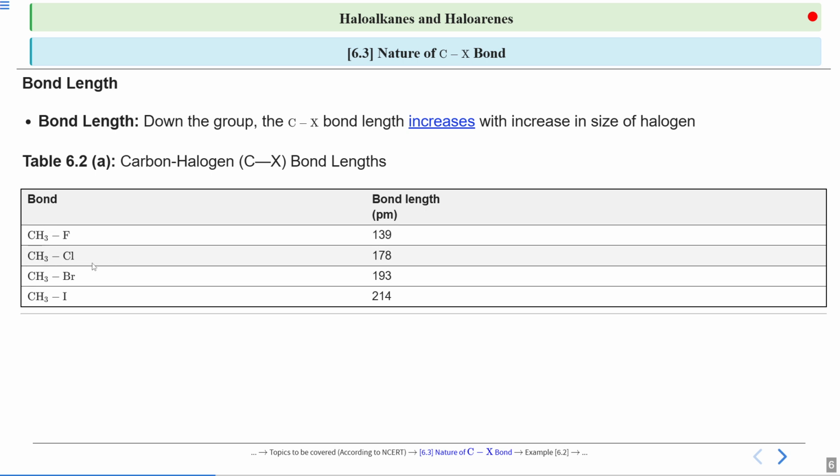Moving further down the group, in bromomethane, CH3Br, the bond length between the carbon and bromine is 193 picometers. Similarly, in CH3I, the iodine and carbon bond length is 214 picometers. Iodine is present at the very bottom of the halogen group. So this table proves that when you move down the group, the carbon halogen bond length is increasing. You can see it increasing, 139 to 214.